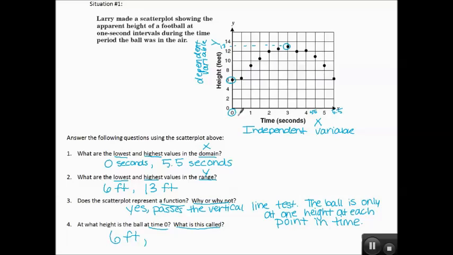It's something that we talked about in one of our earlier lessons. When my domain or my x value is 0, what my y value is, that is the y-intercept. We have this point sitting on the y-axis. That's called my y-intercept.